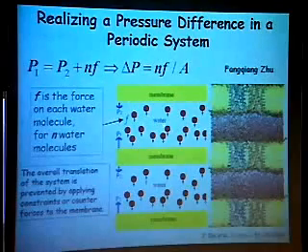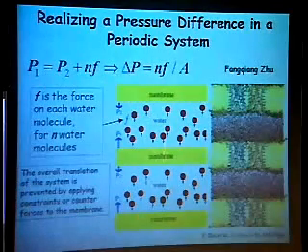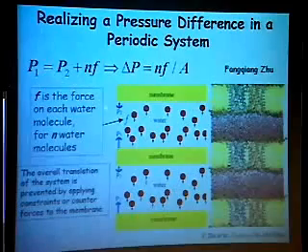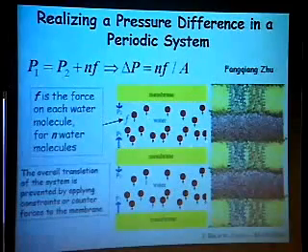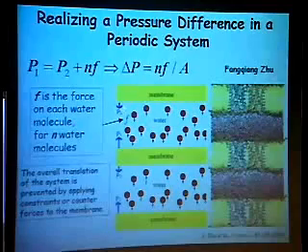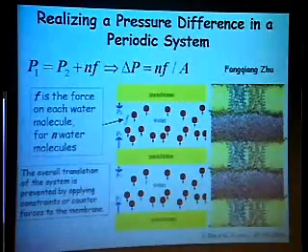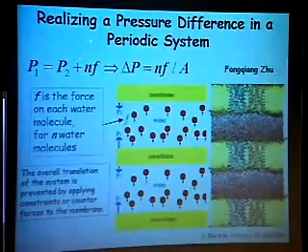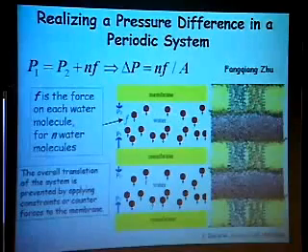And because at any time the whole system is not translating, we can say that if you look at this compartment, P1 is equal to P2 plus the number of water molecules that we are applying force on times the force that we are applying on each individual water.